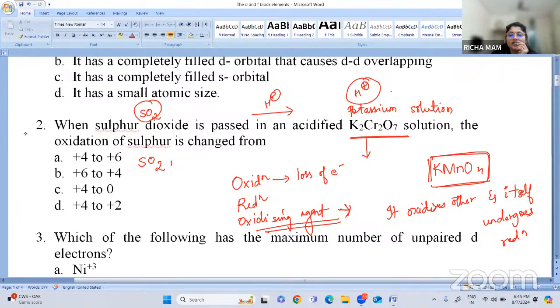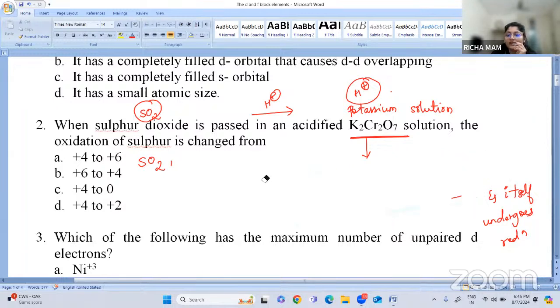Now, when you see sulfur dioxide, can you find the oxidation state of sulfur? Let me find it, you all also try. We know that commonly the oxidation state of oxygen is -2.